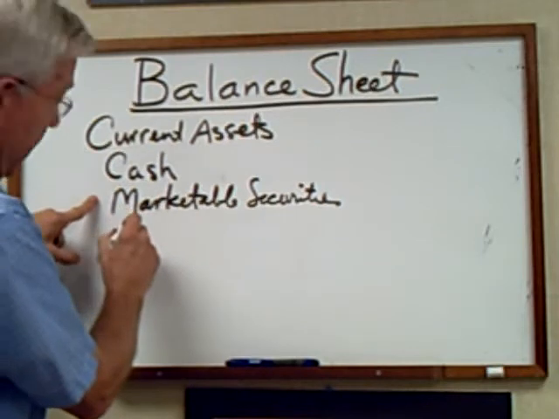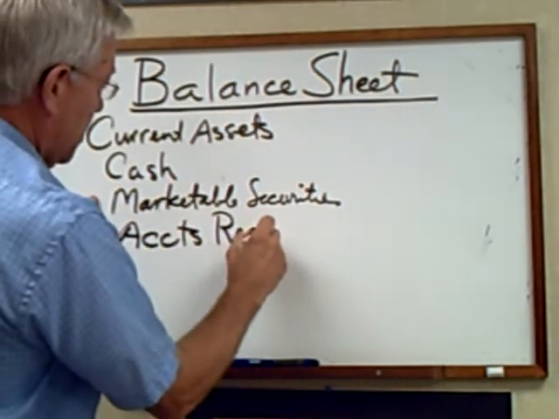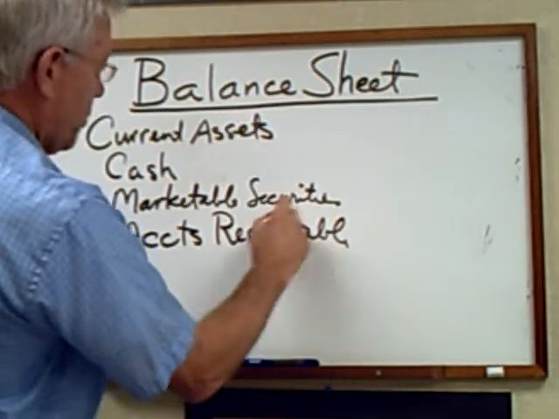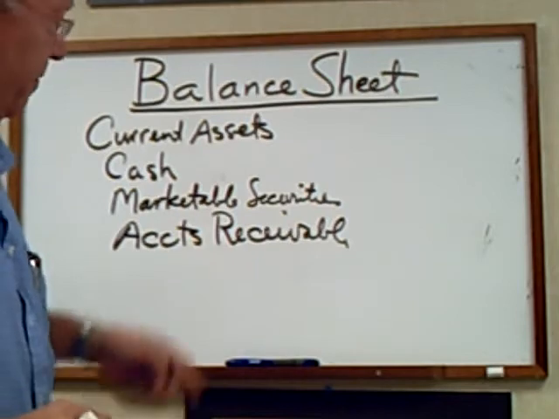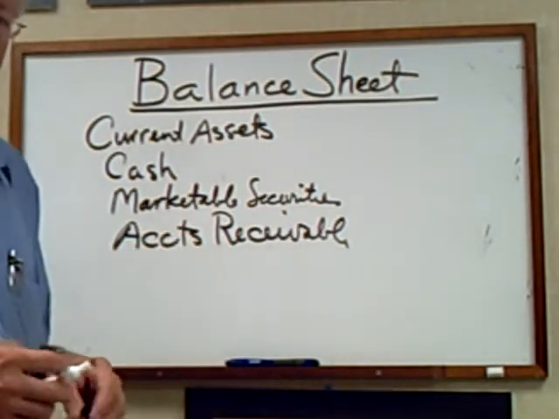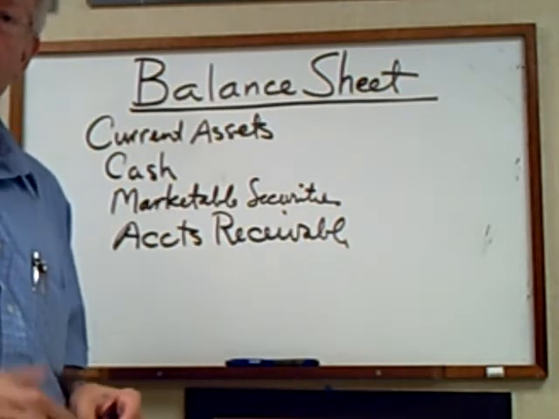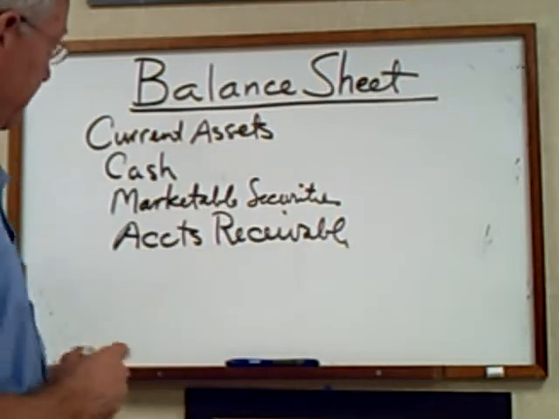And then finally, accounts receivable. Well, I didn't say finally for a reason. I just said it. Third is accounts receivable, and that's the money that is owed to the business by people who have purchased goods and services on credit.